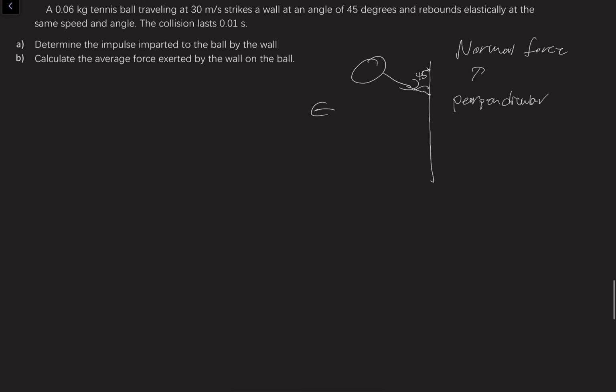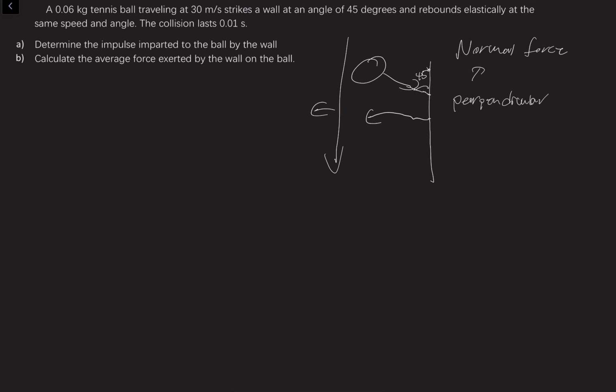This force acting by the wall must be perpendicular to the direction of the wall, which means that it doesn't cause a vertical change in motion. So all the force that changed the momentum is all horizontal.